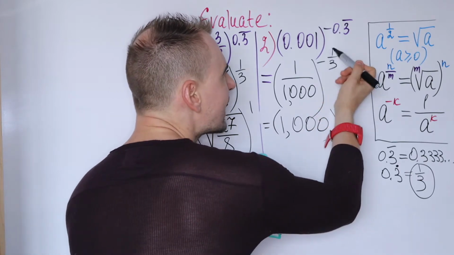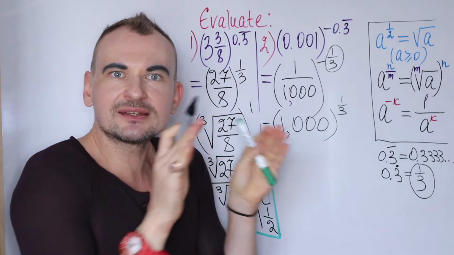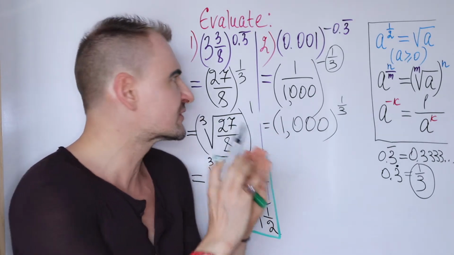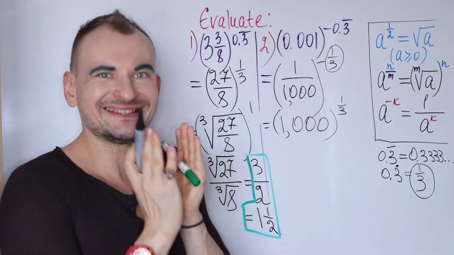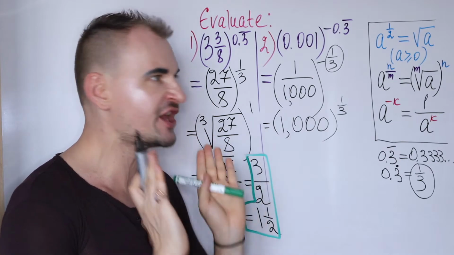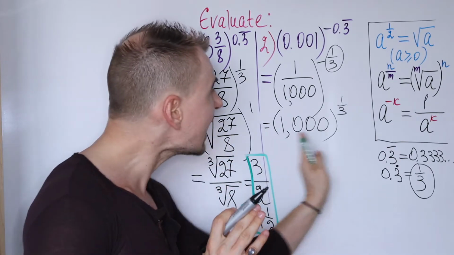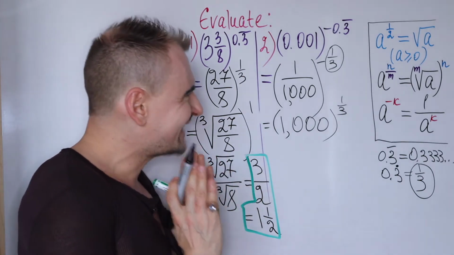Again, treat your power as an entire fraction. Do not tear it apart, do not split it up. Your power has to be taken as a whole entire thing. Now we got rid of this negative power, and we are almost done.